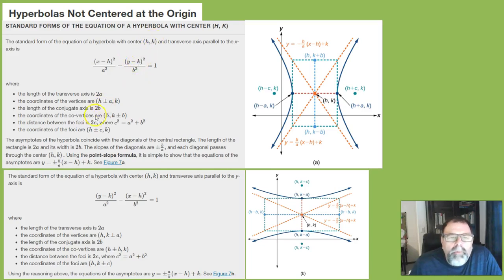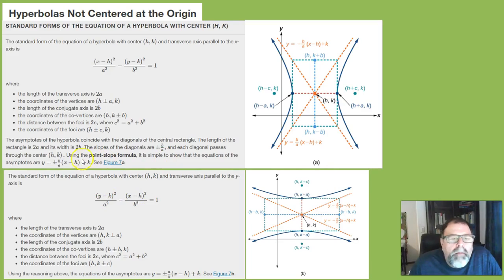And then make all the appropriate changes to everything down here, right? I'm not going to go through all that. We'll do it in the example. And then the same thing for a one that opens vertically. So notice it's x squared minus y squared is horizontal, and y squared minus x squared is vertical.